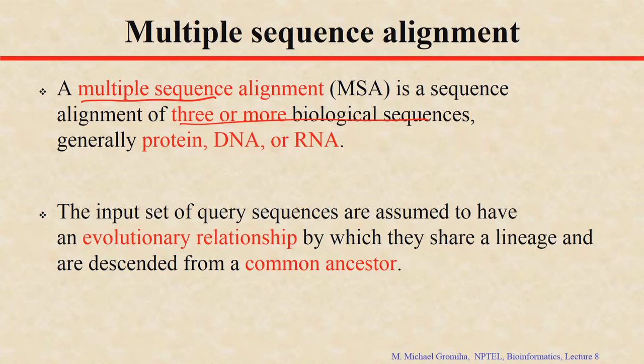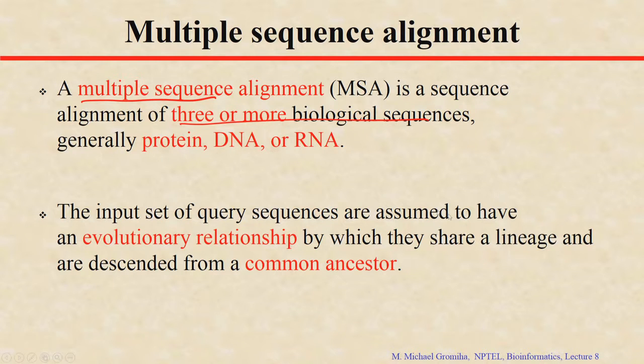What is the sequence identity? 62%, right. If you have different organisms and you align these sequences, then you can see which regions are similar, which regions maintain the same residues, and where we have variations, and in variations, which type of substitutions happen. Then we can see whether they share a lineage or have a common ancestor. You can see the relationship if you align different sequences using multiple sequence alignment.